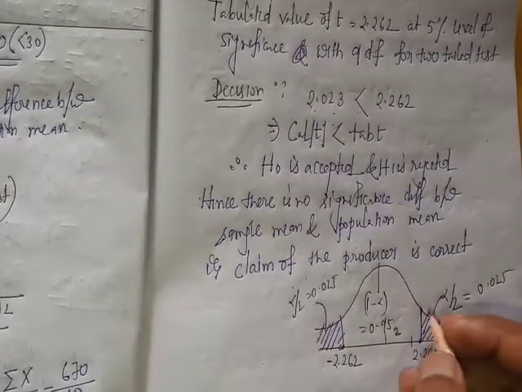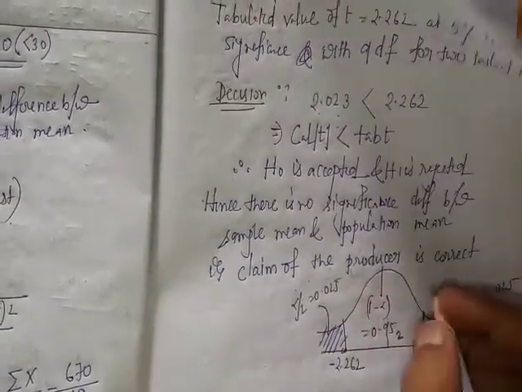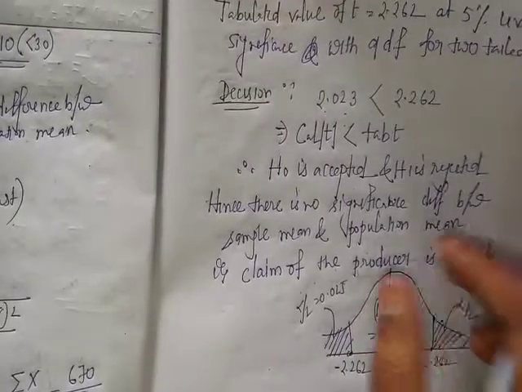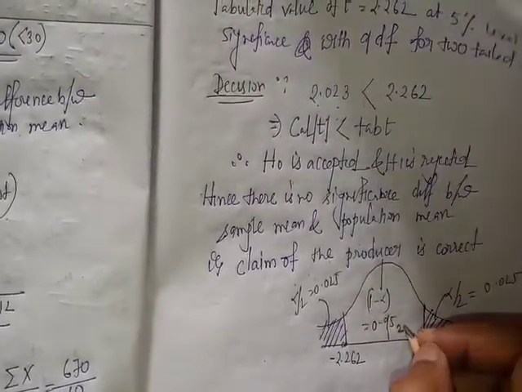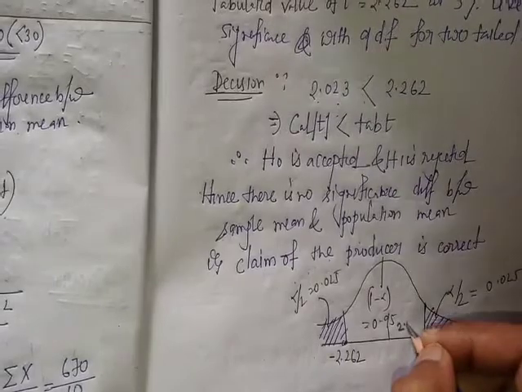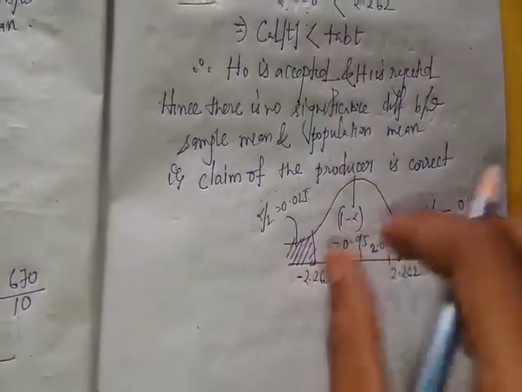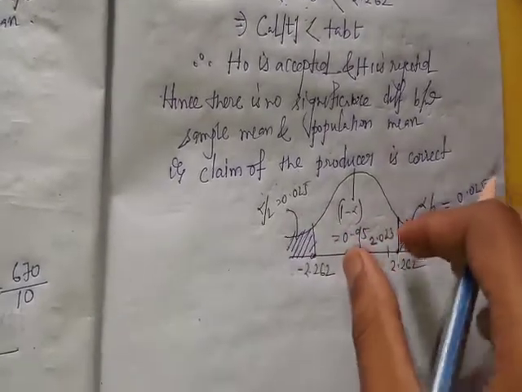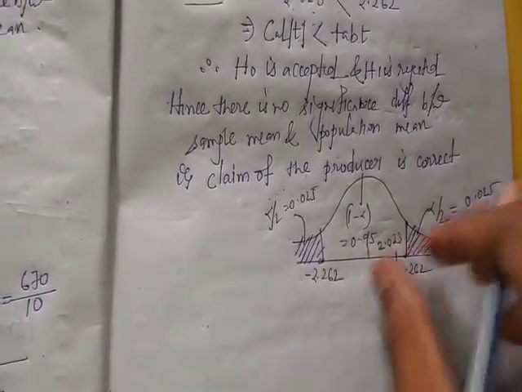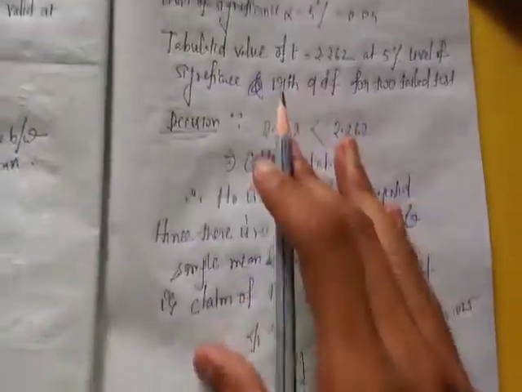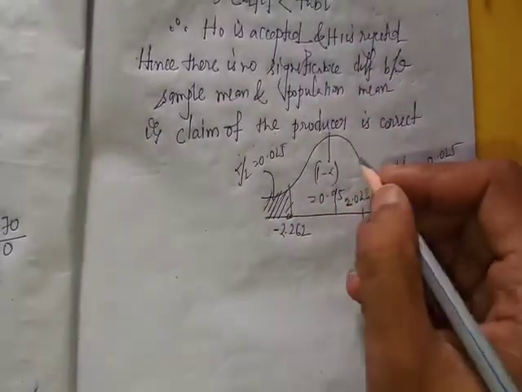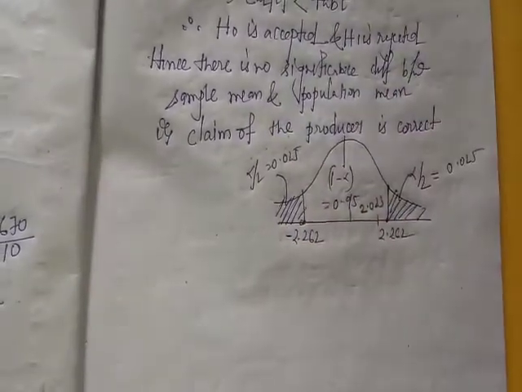That's why we reject the alternative hypothesis and accept the null hypothesis. Also, this is the curve of the distribution, which looks like a normal distribution. Here degrees of freedom is based on n being 10. Okay, clear?